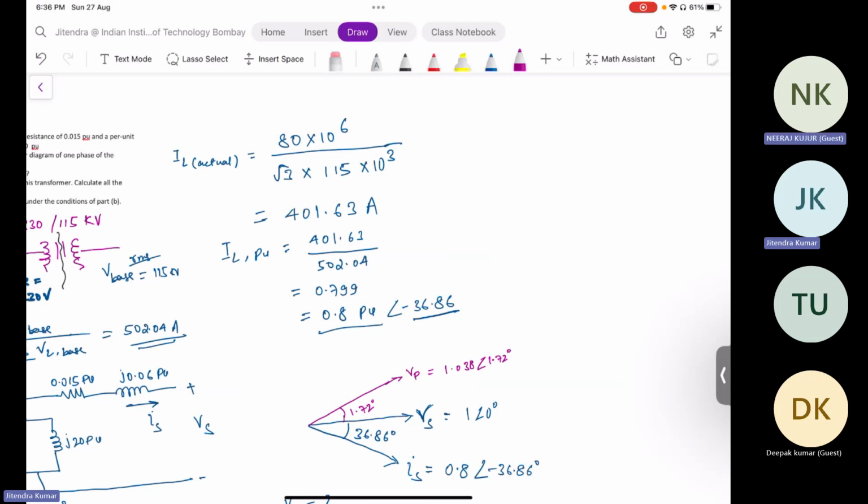The reason is, let's suppose you have a 0.8 per unit value, and let's suppose you have a delta connected load. Now in a delta load, the line current is equal to root 3 times the phase current.